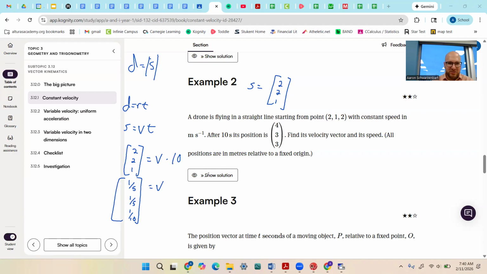It says find the speed. Speed is going to be the magnitude of velocity, which means essentially that direction vector on the angle.